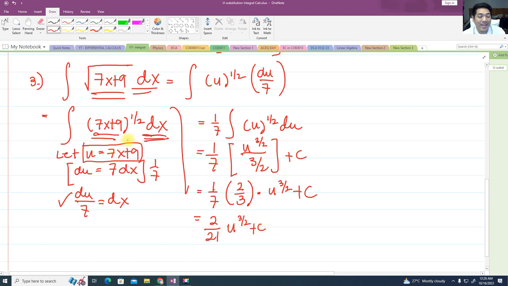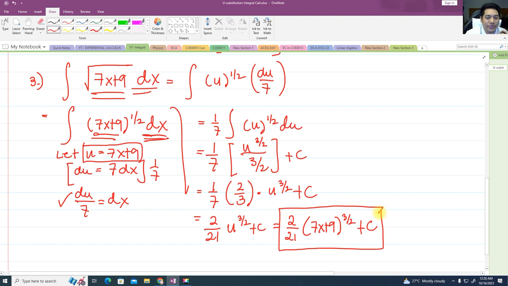But take note that we have to substitute back to the original variable, which is x, so u equals 7x plus 9. Therefore, we have 2 over 21 times (7x plus 9) raised to 3/2 plus c. That would be our answer for problem number 3. It's pretty easy if we convert to U-substitution, because by doing so we are able to solve the given problem.